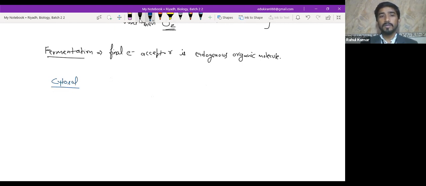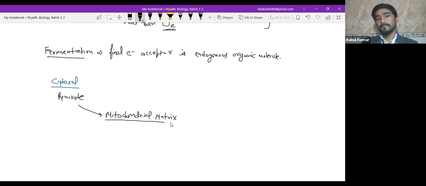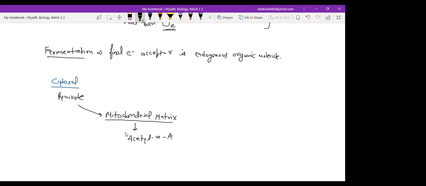So in the cytosol, we have a molecule called pyruvate, which came from glucose. So this pyruvate, if it goes into the mitochondrial matrix, then what will happen? Inside the mitochondrial matrix, pyruvate will become acetyl-CoA. Remember? And where will this acetyl-CoA go?